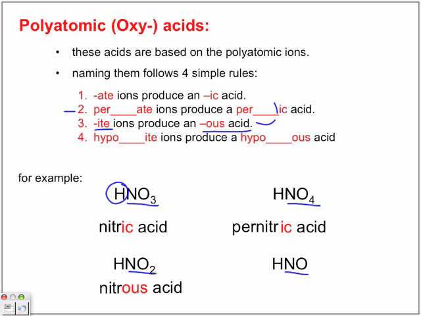Okay, so that's a derivative of the nitrate ion, which is really, we're using the hyponitrite ion. And the hyponitrite ion, okay, now we're using the hypo-ite, so it becomes hyponitrous acid.